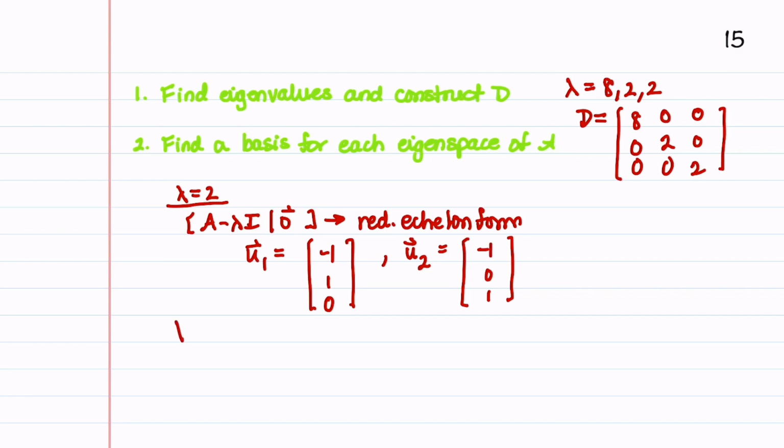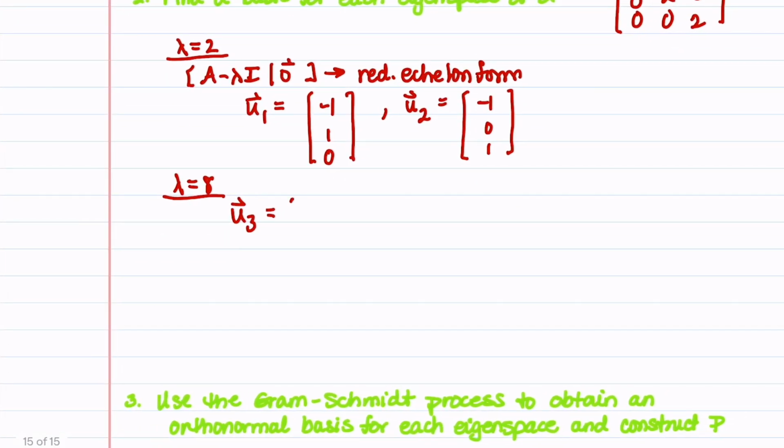Then for lambda equal to 8, we do the same procedure, and we end up with U3 equal to (1, 1, 1). Now we want to check to see if these eigenvectors are orthogonal. U1 dotted with U2 is going to be 1 plus 0 plus 0, so that's a 1.